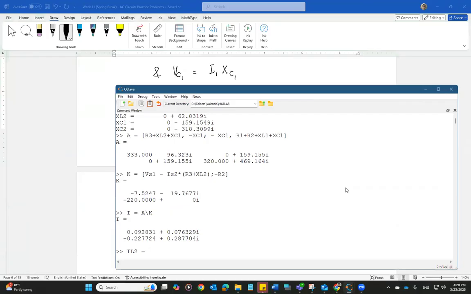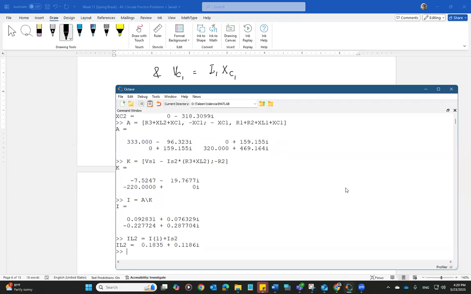IL2 is I of 1. I have not assigned the values of the vector, as the first value is I1 and the second value is I2. So I'm just going to call the first value I of 1, of course, as my I1. I of 1 plus IS2. So that's my IL2. Now this has to be given in polar form.